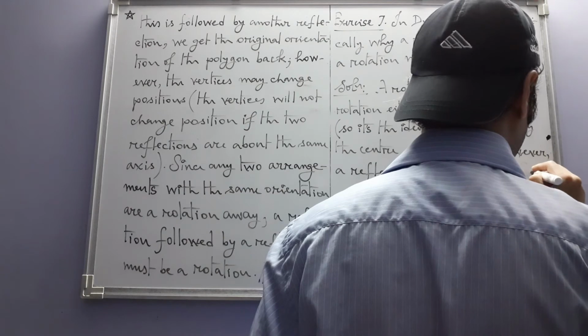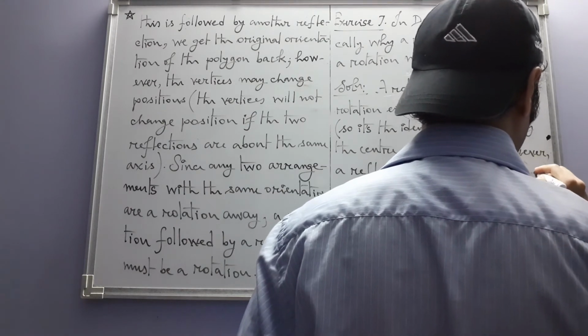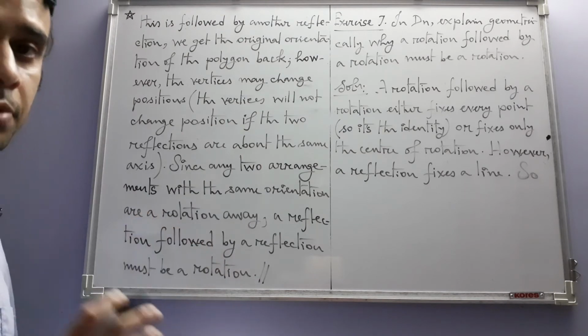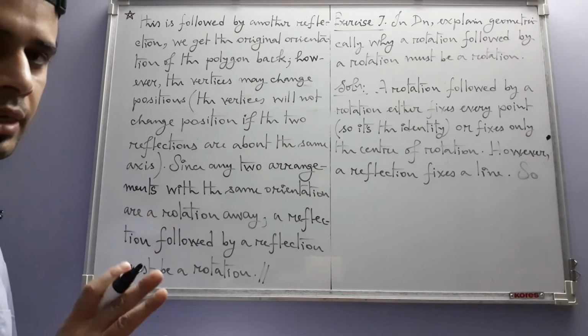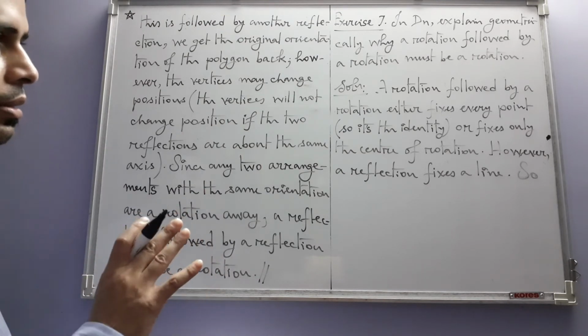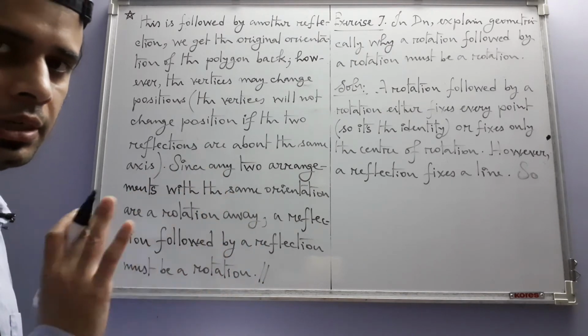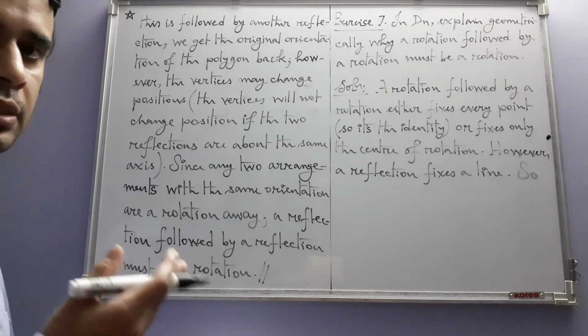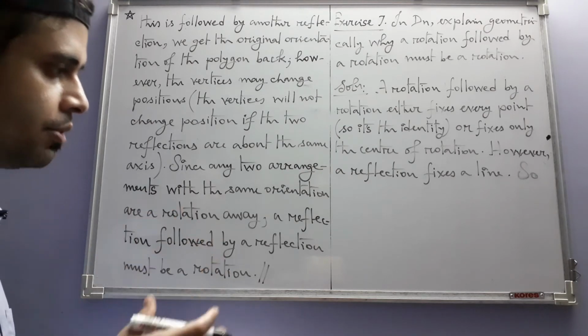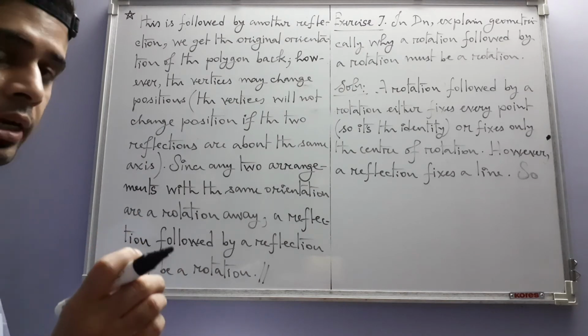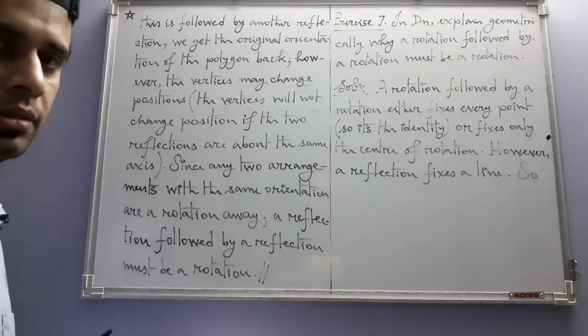And we also know from the closure property in Dn, I mean geometrically I am saying that if you perform two operations in Dn successively, in other words algebraically speaking, if you are composing the two operations, then you will get again an operation back in Dn.